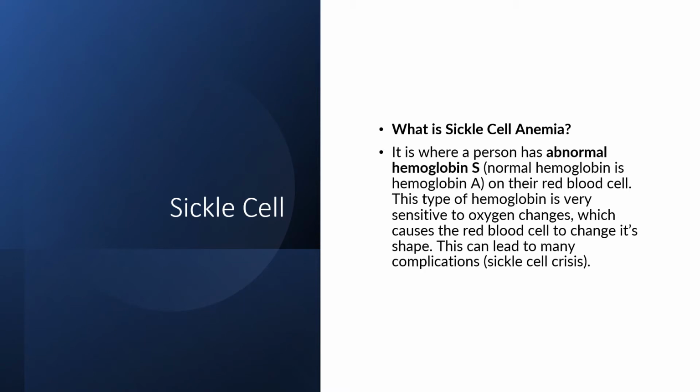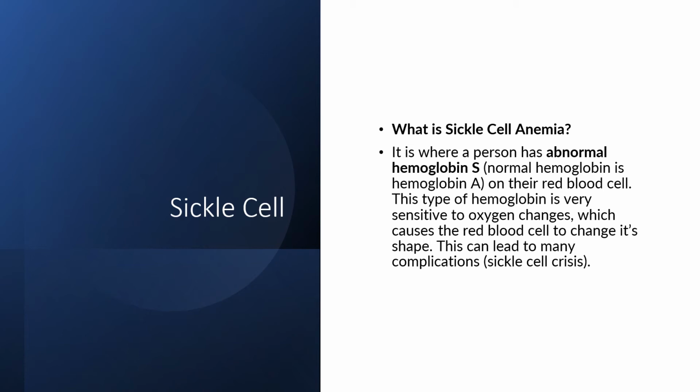What is sickle cell anemia? It is where a person has abnormal hemoglobin S. Normal hemoglobin is hemoglobin A. So they have abnormal hemoglobin S. Remember, we talked about the body needing oxygen, glucose, and then the body responds in an inflammatory response. In this case, the body is deprived of oxygen because that A is not what we're seeing.